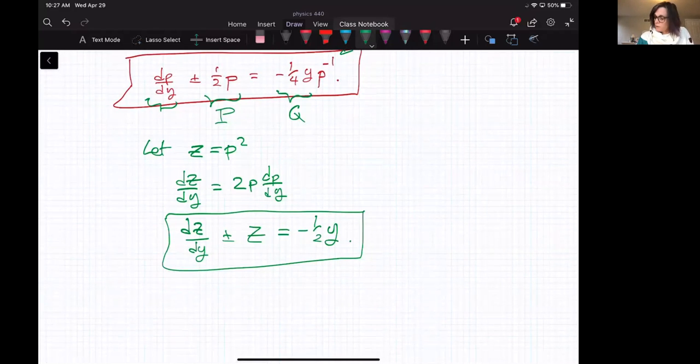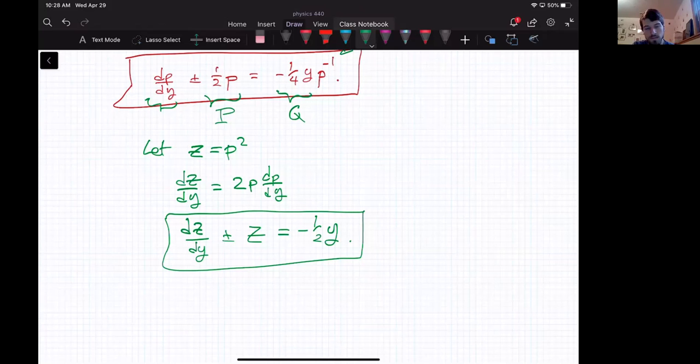Why did we want to do it this way? What's our end game here? What should always be our end game if we are dealing with first order ordinary differential equations? What equations are we headed towards? B20 and 21.